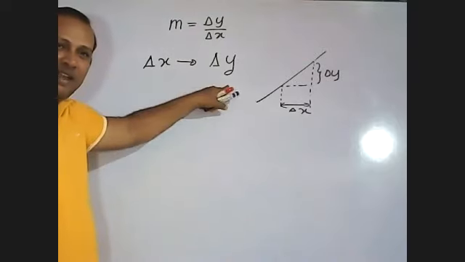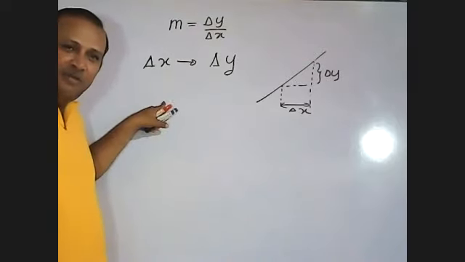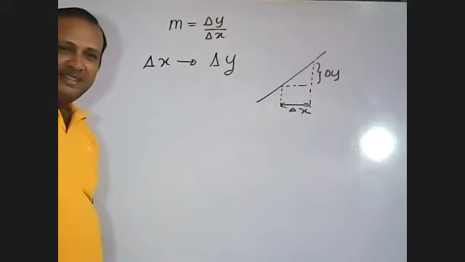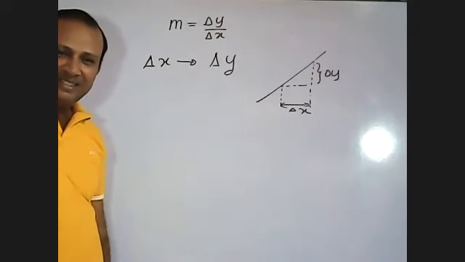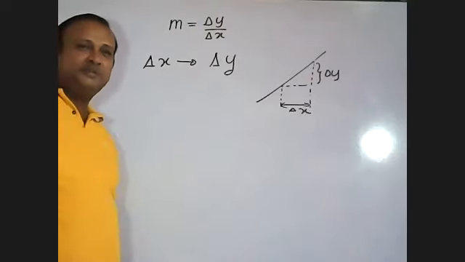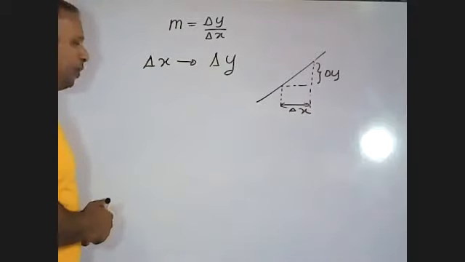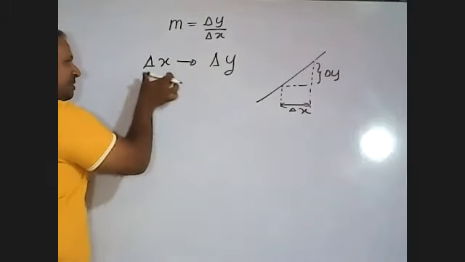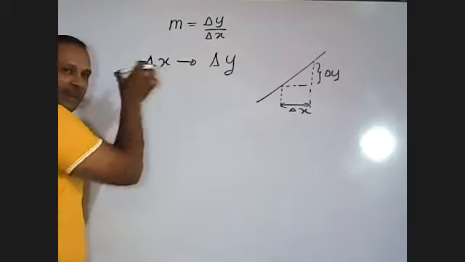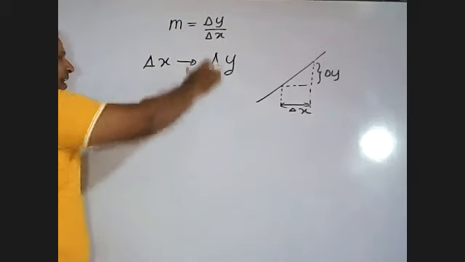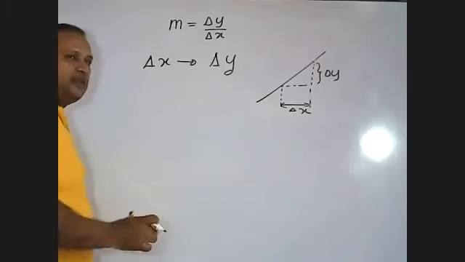Delta x to delta y. So 1, how much? So if there is a delta x change, then the change in y is equal to delta y.